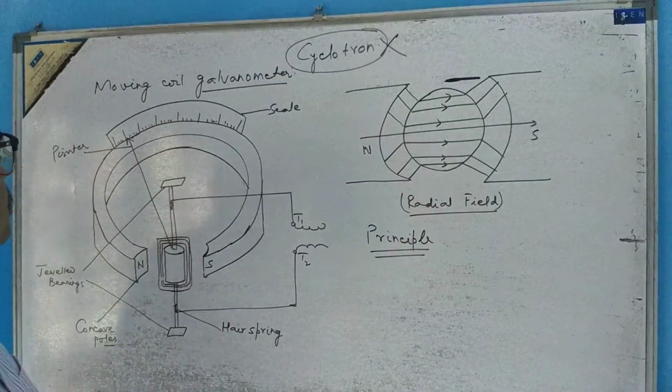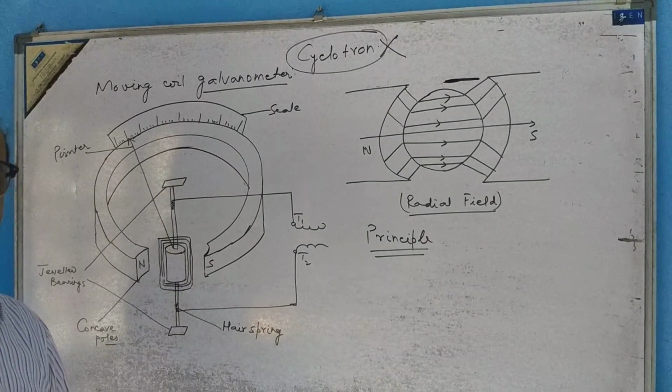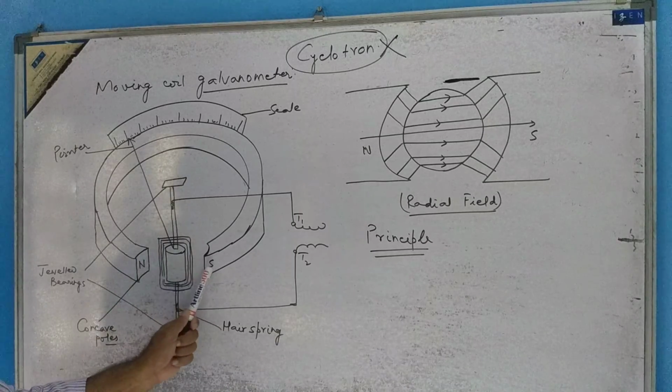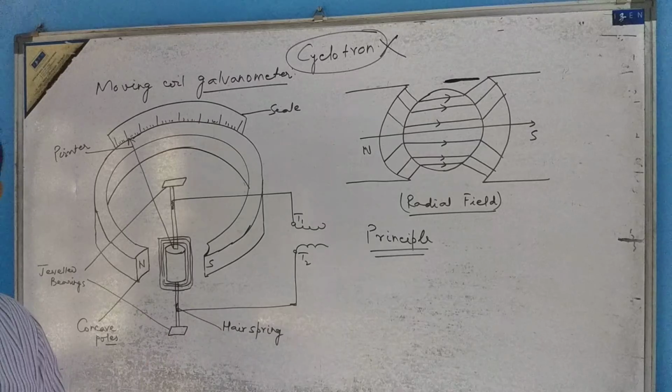Now we come to the important part, the construction of the moving coil galvanometer. It consists of two pole pieces, N and S. These are concave shaped pole pieces.